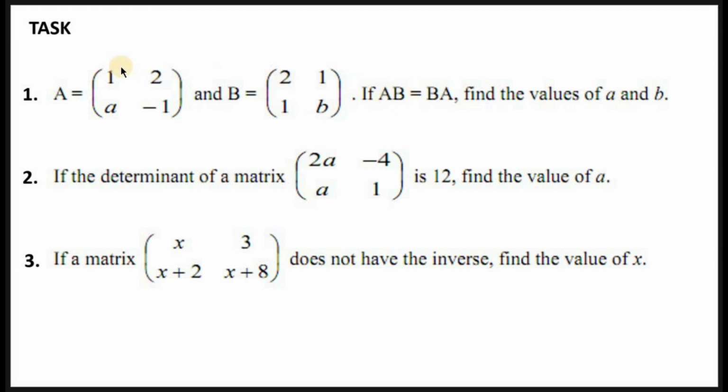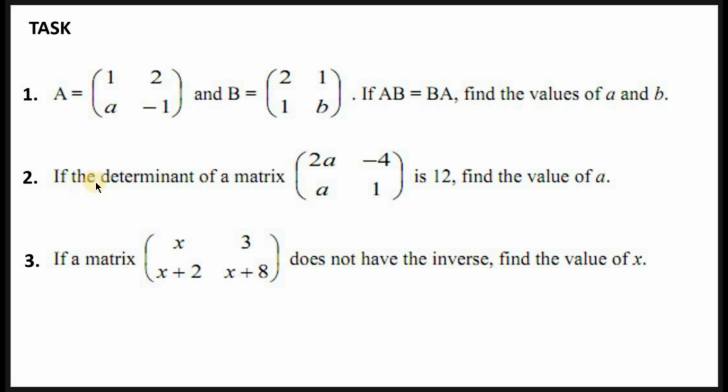So you are just going to substitute: you put this one here, and again here you put this matrix, then you do the multiplication. As you do the multiplication, you find a situation where you are going to find the values of A and B very well. Okay, so try to do this, and I'm going to show the answers in the next lesson that we are going to have.